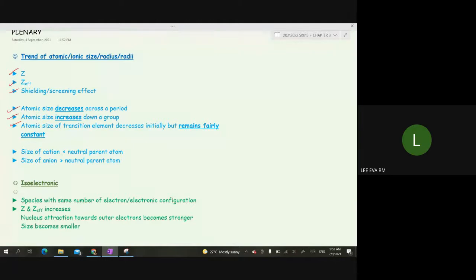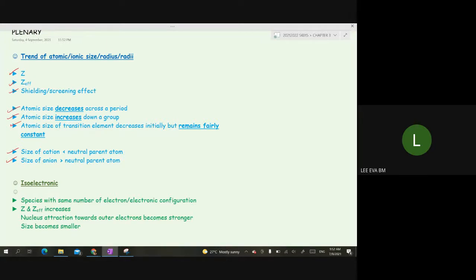So the reason, you can go back to the page which mentioned that the d inner electrons shield the outer electrons more effectively. And then we compared the ionic size. Size of cation is always smaller than its parent. Size of anion is always bigger than the parent atom.